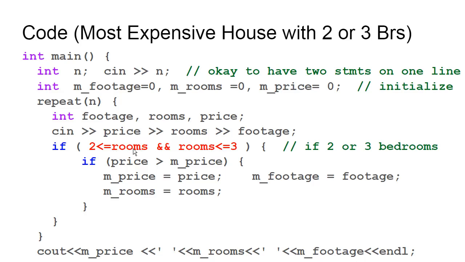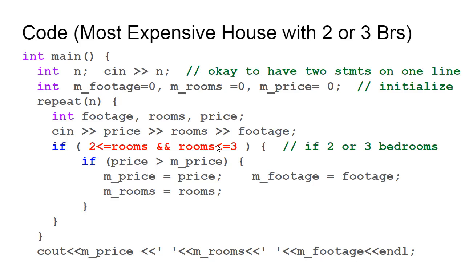One way to express the condition that a house has either 2 or 3 bedrooms is to say the number of bedrooms has to be greater than or equal to 2 and less than or equal to 3. These 2 double ampersands represent a logical AND. This is true only when both this part and this part are true.